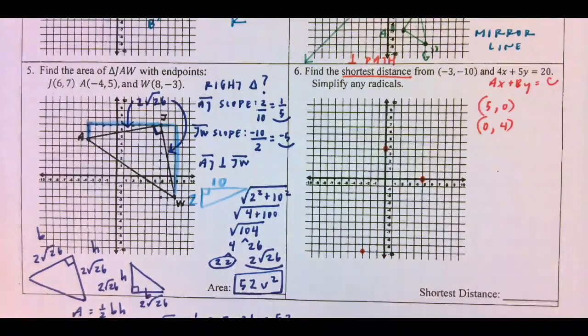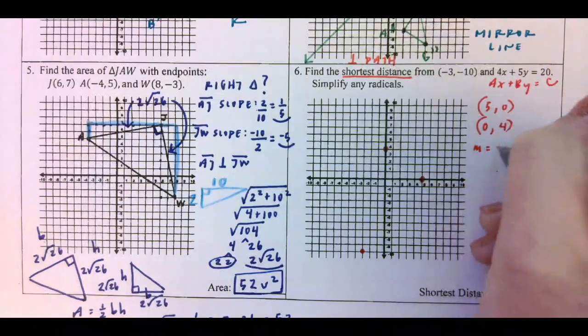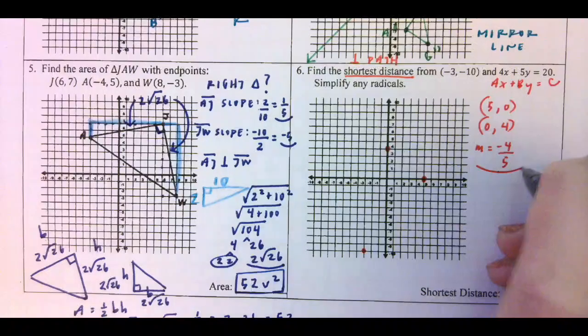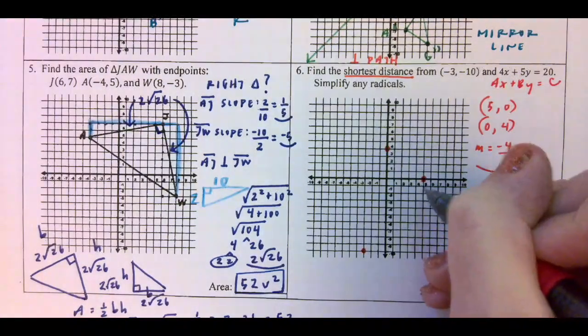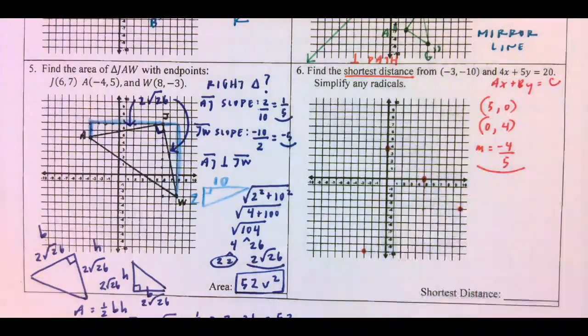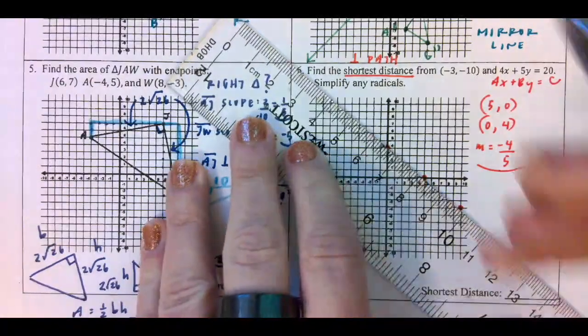Here, I can see that my slope is down 4, right 5, so -4 over 5. Let me give myself a few more points off of that: down 4 and right 5. Okay, and then I'm just going to connect my dots and draw in that line.